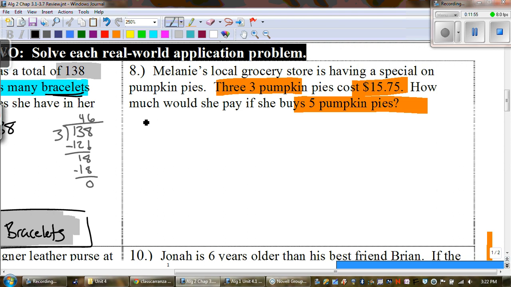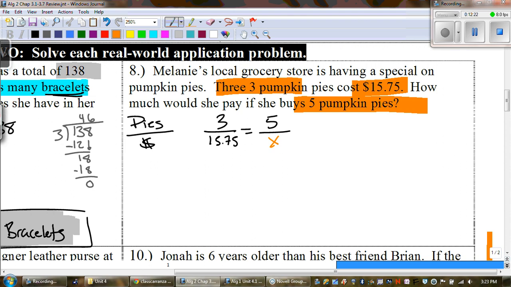So the two things that we're talking about is pies and money. So we know our first one is if she has 3 pies, she's paying $15.75. They want to know how much is she going to pay when it's 5.